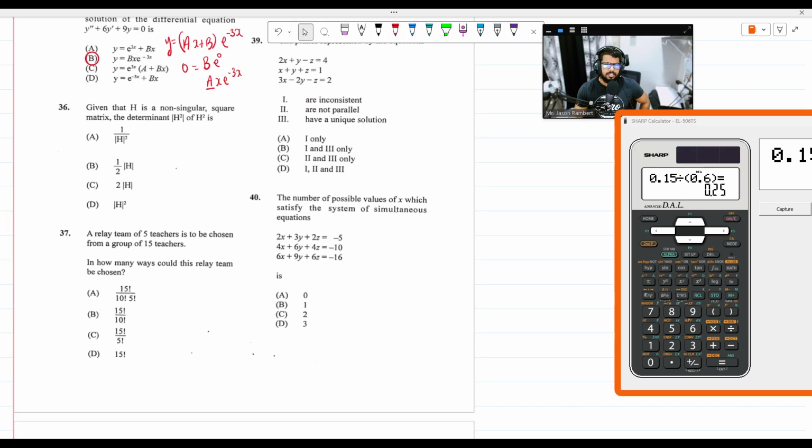Given that h is a non-singular square matrix, the determinant of h squared of the matrix is, now properties of determinants.